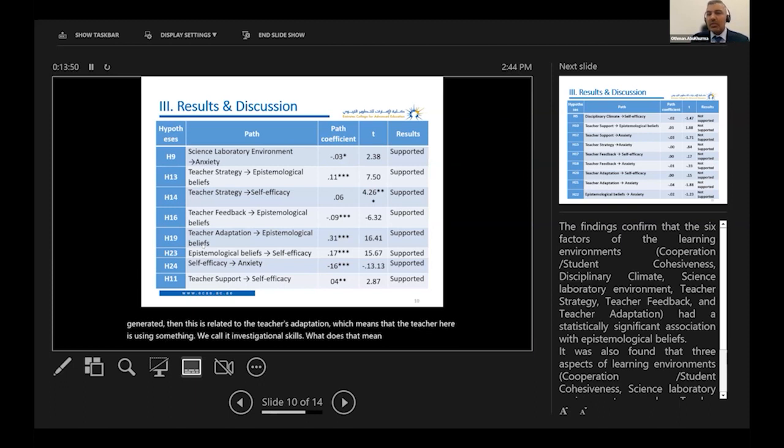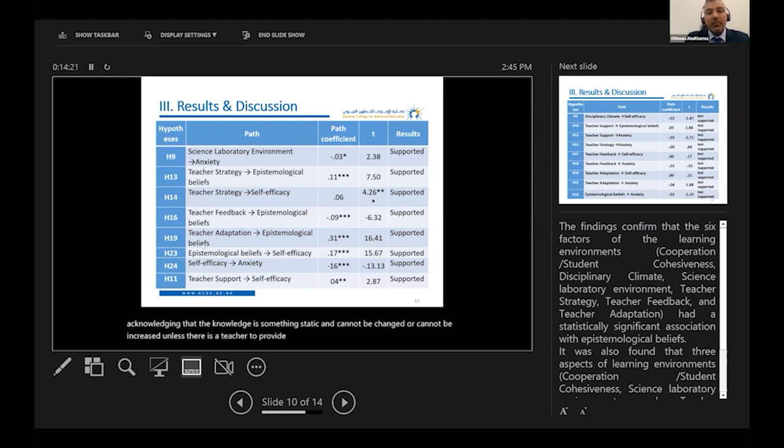He is encouraging students to make hypotheses, test these hypotheses, then collect data to measure the hypothesis, then analyze the results of these hypotheses, and finally draw a scientific conclusion based on the evidence that they get. So what does that mean? That students are encouraged and motivated to generate knowledge rather than just acknowledging that the knowledge is something static and cannot be changed or cannot be increased unless there is a teacher to provide it.